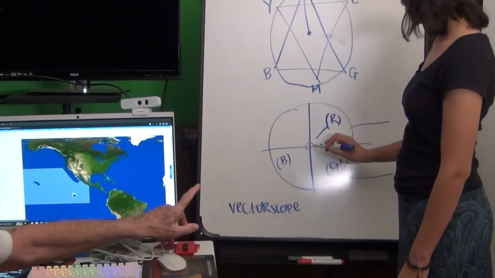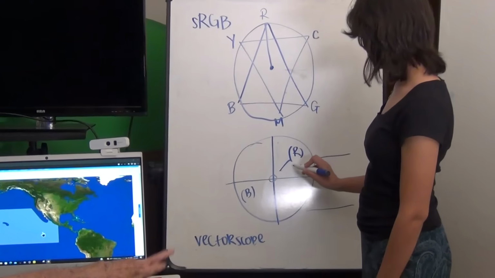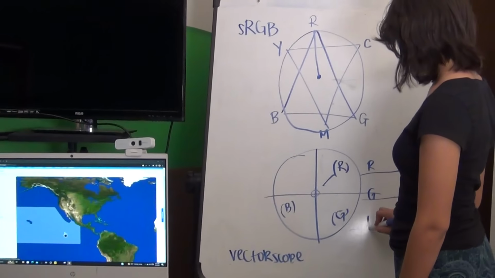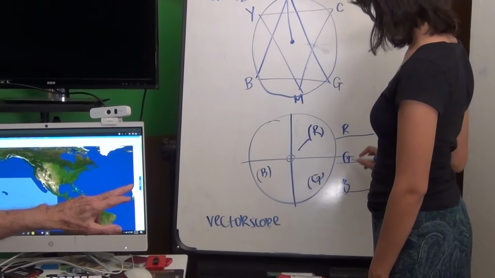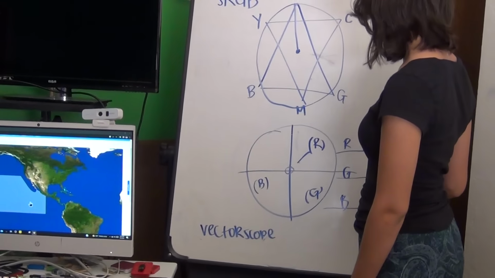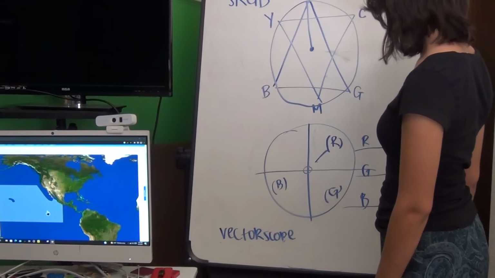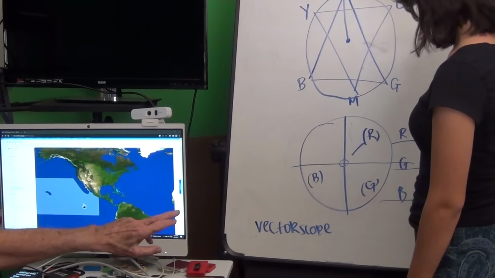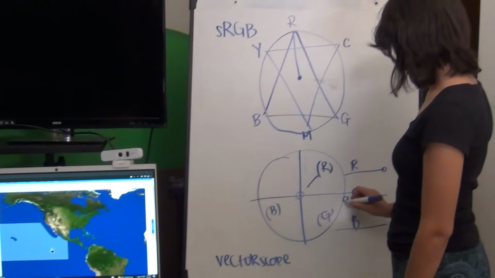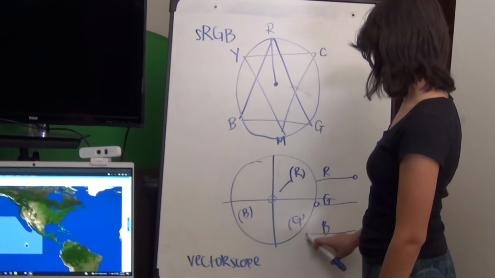Put on your RGB, the lines are GB. Now put a circle at the end of it. Put a circle at green and blue, the other end. 0. Are you tracking me?